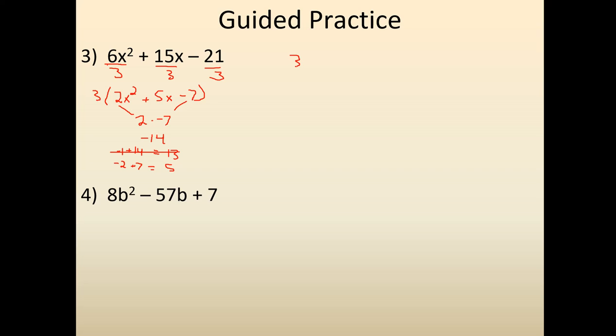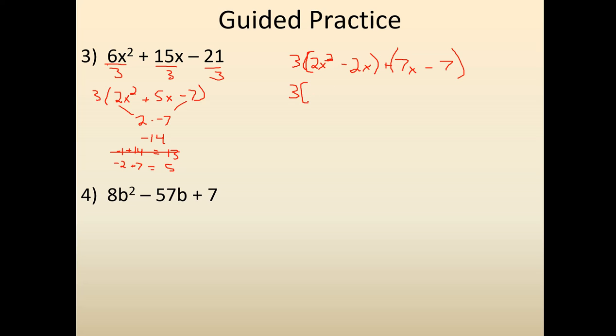So this new polynomial becomes 2x squared. Remember, don't do anything different with that. Minus 2x plus 7x minus 7. All right. So from here, I'm going to group them. So 2x squared minus 2x.